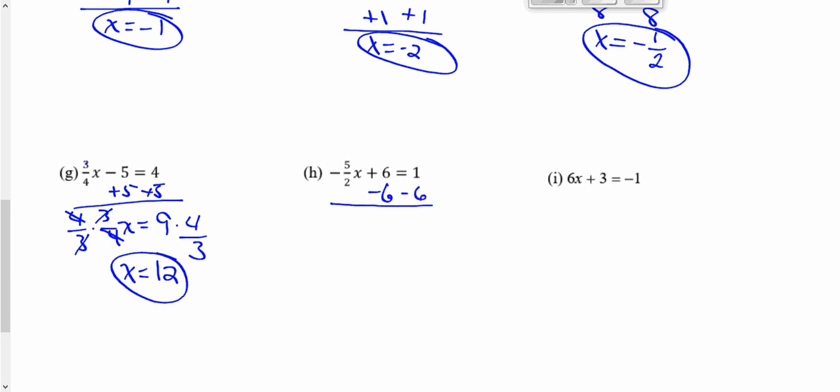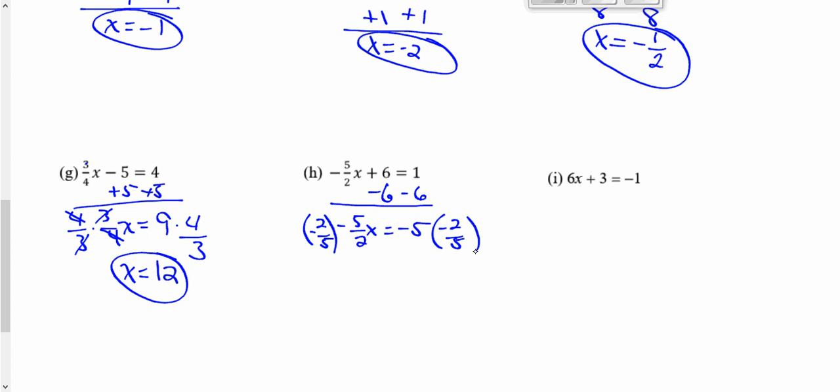So we have negative 5 halves x equals negative 5. So I want to undo multiplying by 5, and also I want to undo dividing by 5. So I multiply by the reciprocal of this thing, but I want to keep it negative, right? So negative 2/5 on both sides. With me? Yeah.